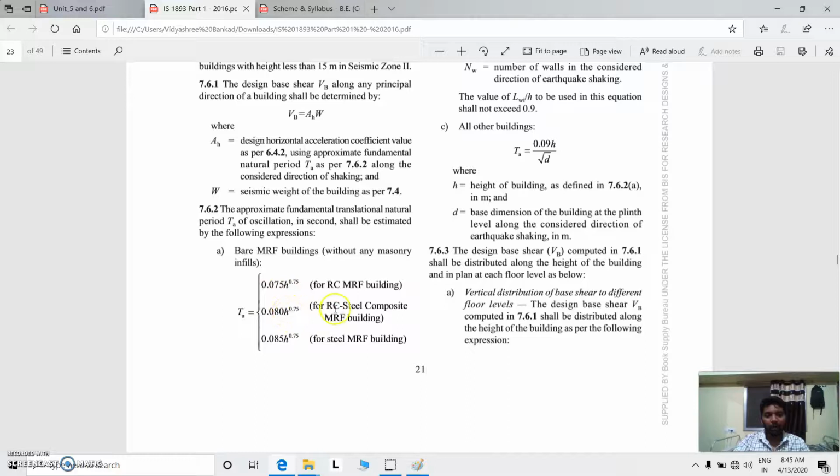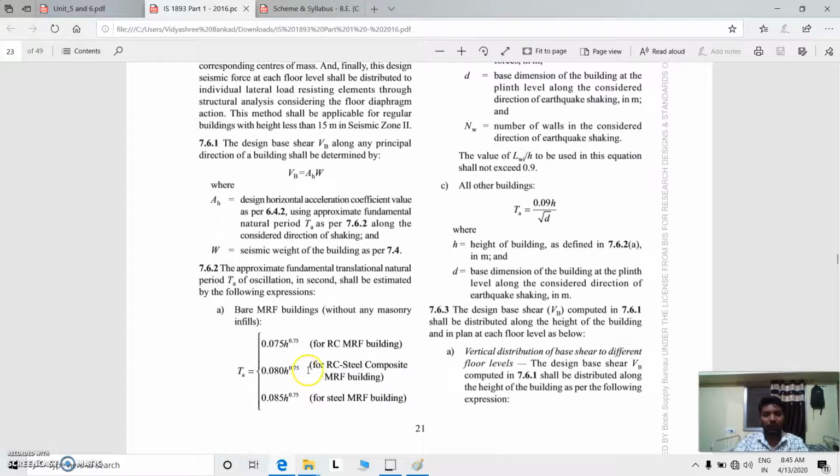Similarly there are formulas for RC steel composite members and steel moment resisting buildings, but for your syllabus you will have only RC moment resisting buildings. You don't have steel structures here. We have to calculate only for RC frames.